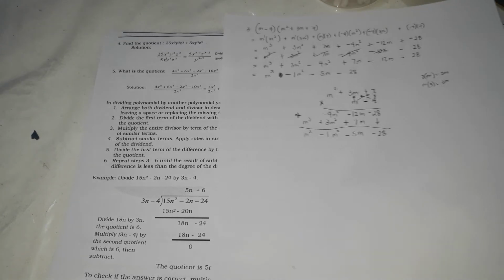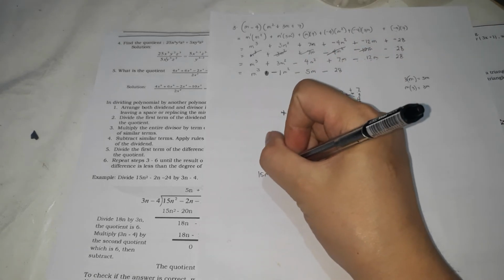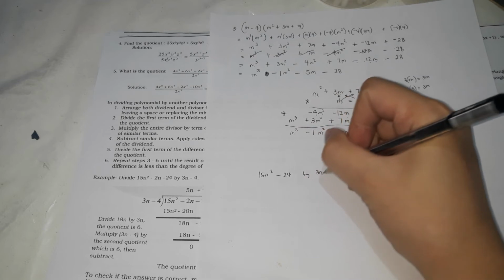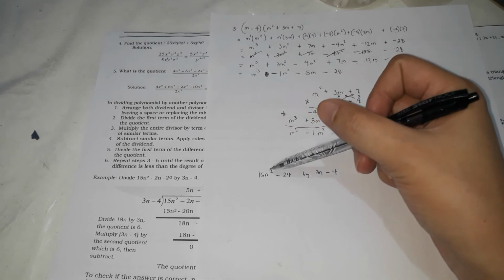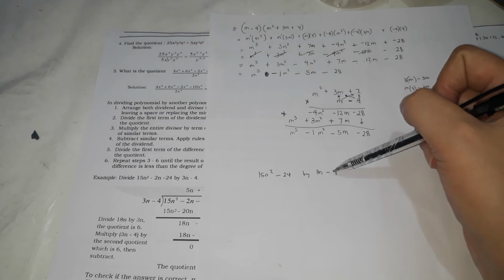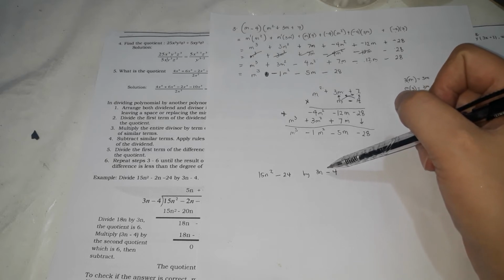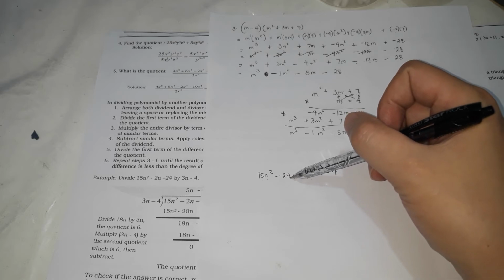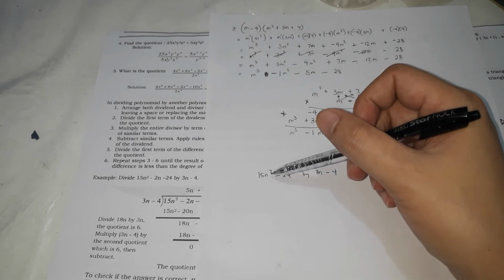Next, after that one is, we're going to leave a space or replace the missing term with 0. Halimbawa, kung ang example na dinivide is 15n squared minus 24 by 3n minus 4. So first is arrange, dapat naka-descending. Tapos descending order, kailangan it's yung consecutive.